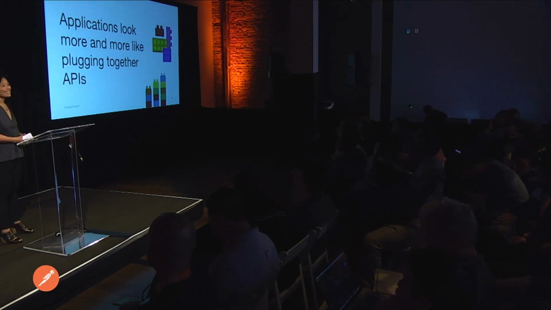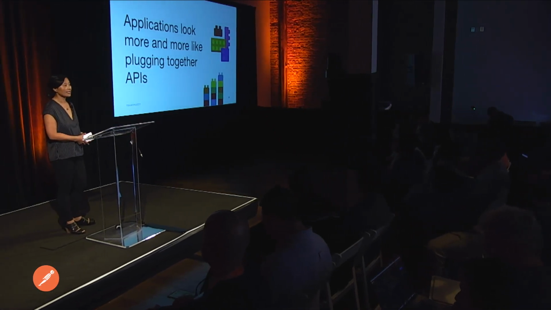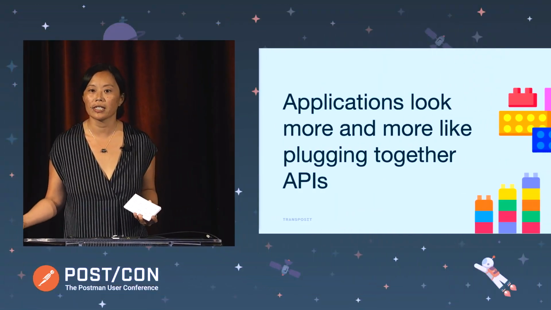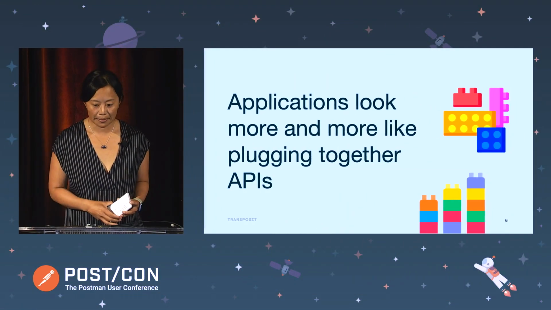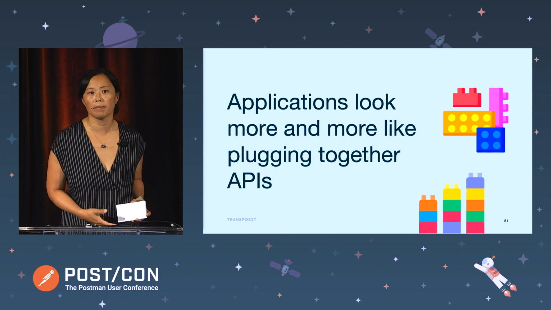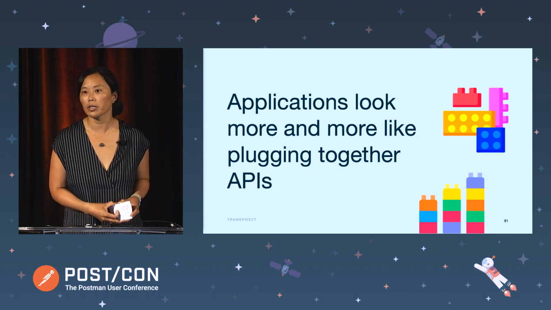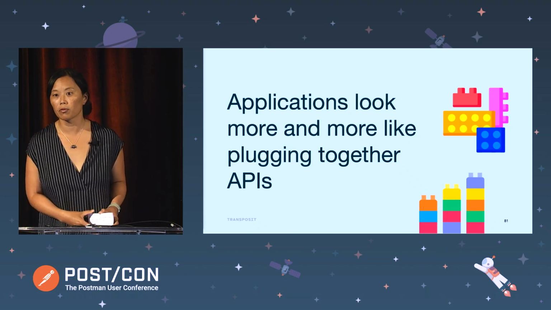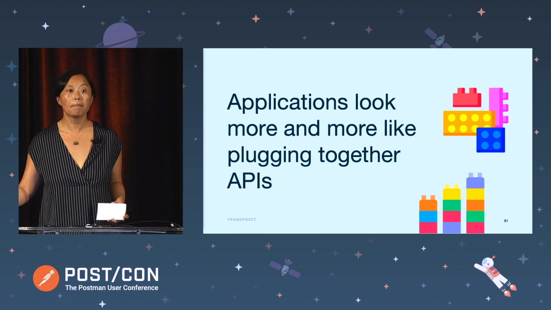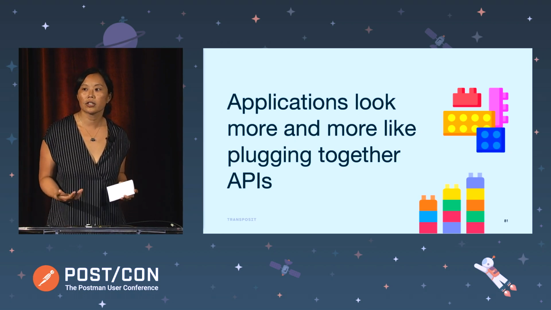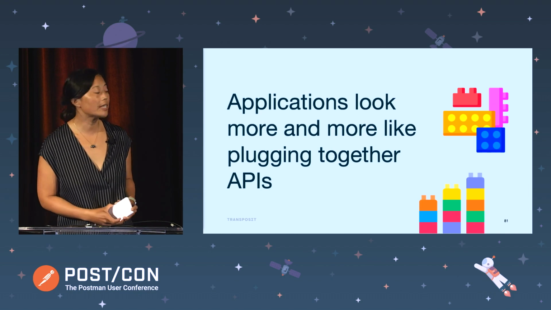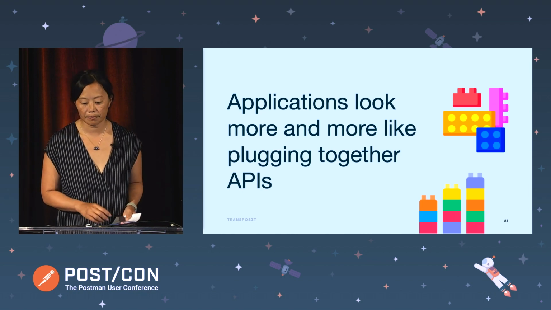And what makes this class of applications unique is they're really about integrating and composing applications through APIs. Our jobs as developers is increasingly about building applications to improve workflow efficiency. And building these applications is increasingly about plugging together various APIs.